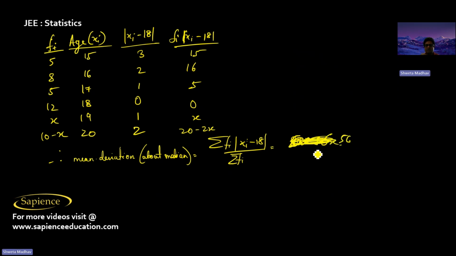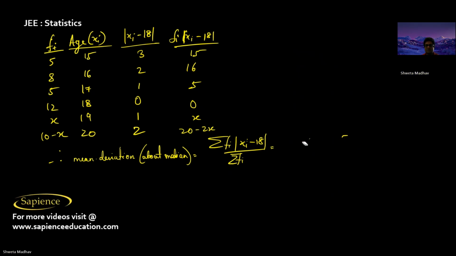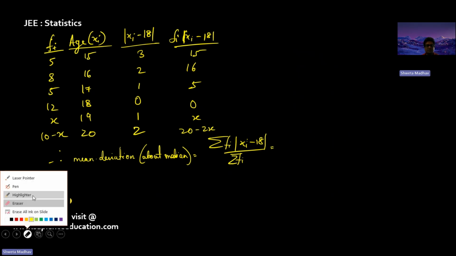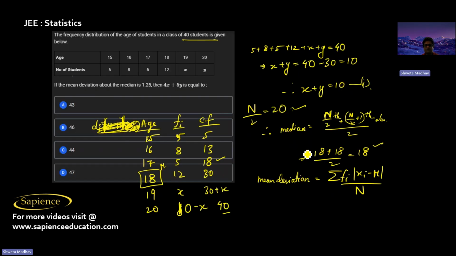Then x minus 2x gives minus x. So this is 56 minus x, divided by fi, that is 40.